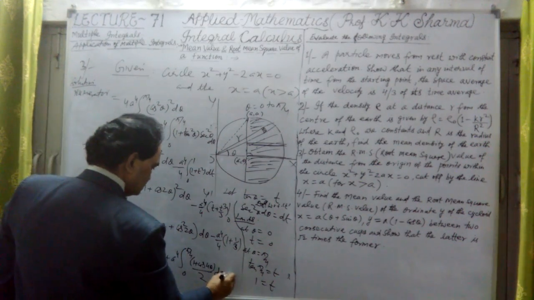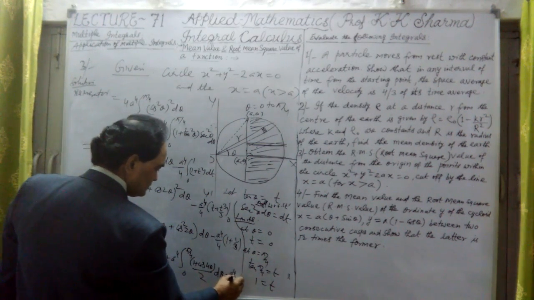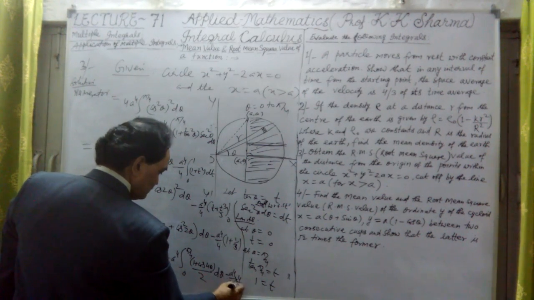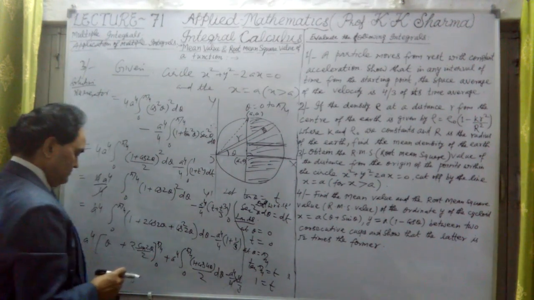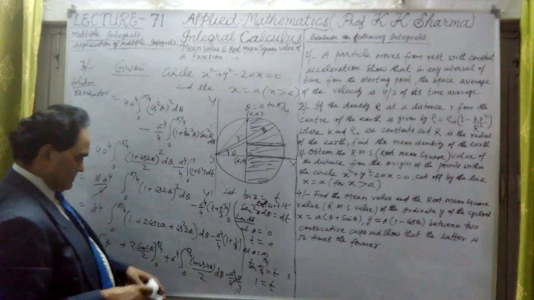And this is minus a^4 upon 4 into (3 plus 1) upon 3. Sorry, the 4 cancelled out, not 3. It's a^4 upon 3, the last one. Now here integration can be done.